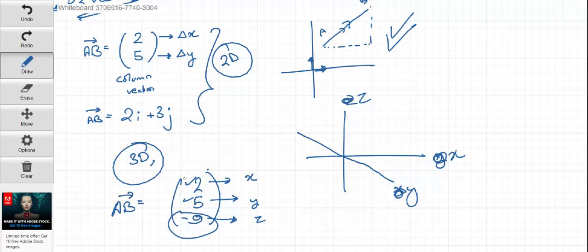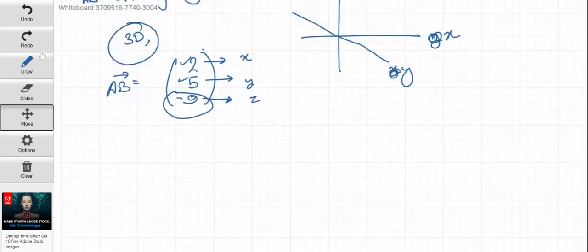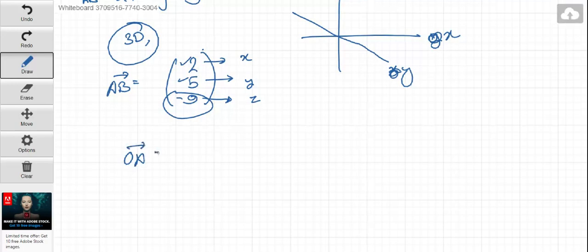When it comes to addition, subtraction, multiplication, just deal with them normally, and there won't be any complications or complexities involved. So for example, if I know that the vector OA is 2i plus 3j plus 4k, again, I don't need to know diagrammatically where exactly 2i, 3j, and 4k are.